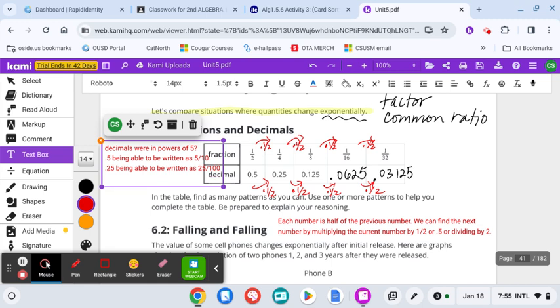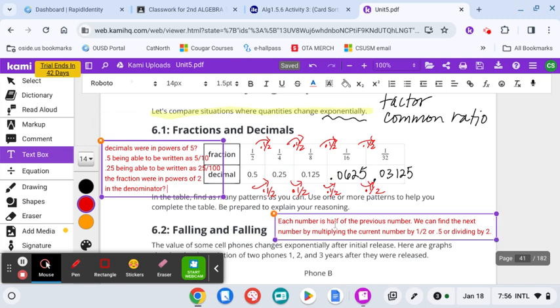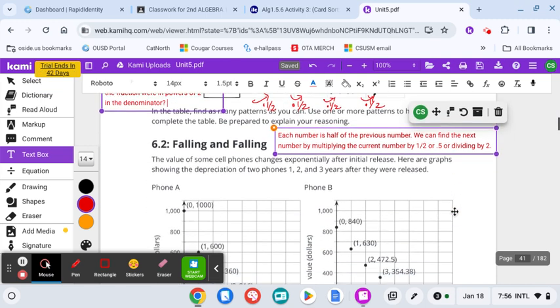Did you notice that the fractions were in powers of 2 in the denominator? Anyways, any of these things that your group noted or noticed or anything else that I didn't mention, beautiful job. Make sure you have something written up with your explanations here on this warm-up.